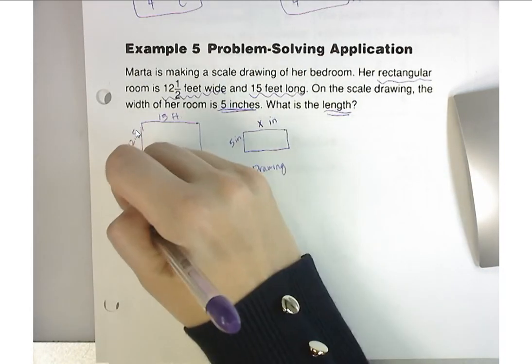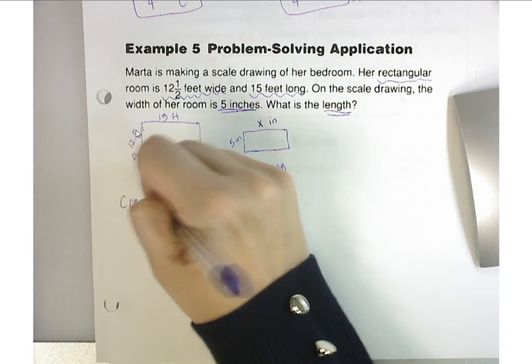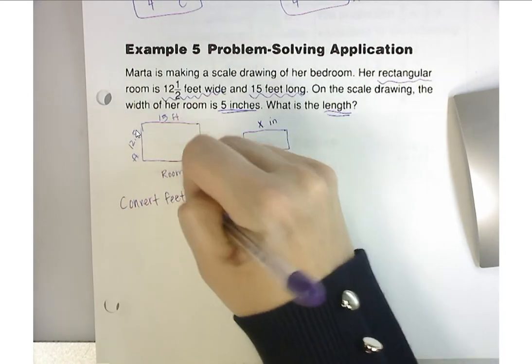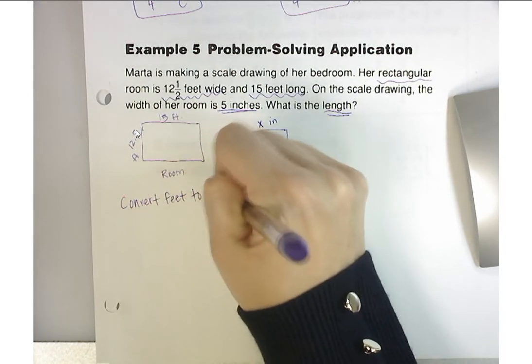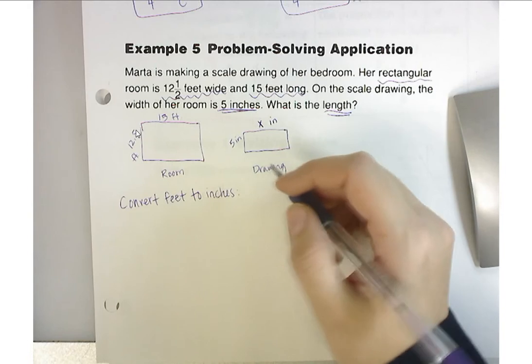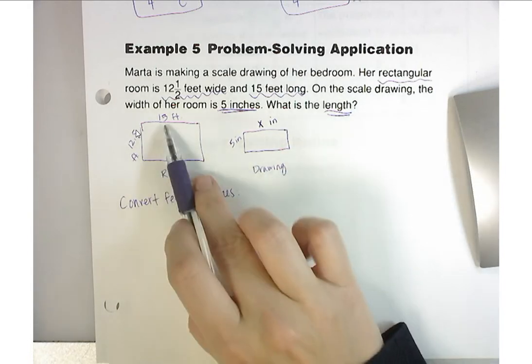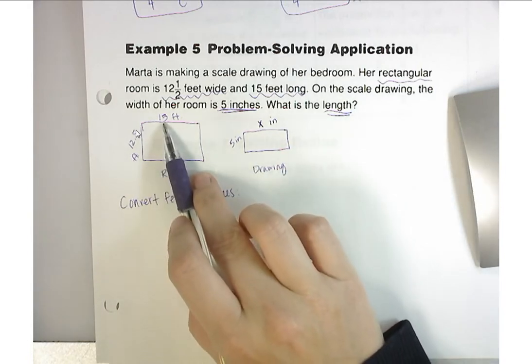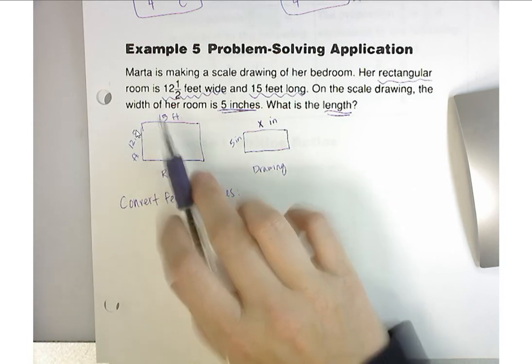So we are going to convert feet to inches. You have to have the same unit of measurement. So how do I change 15 feet into inches? Okay, multiply by 12. Brandon, why do we multiply by 12?